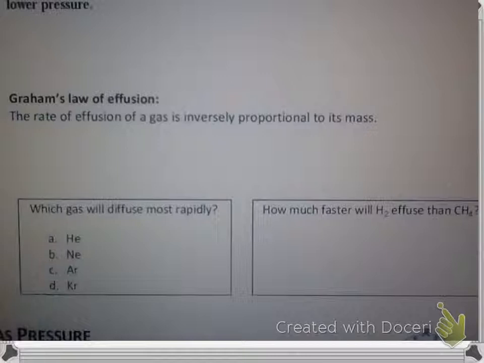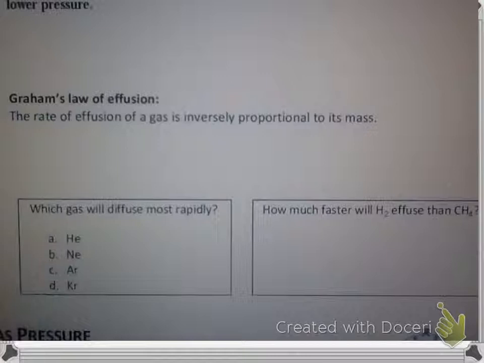Because it's a higher mass, it'll move or effuse at a slower rate out of the tire. So if I filled two tires, one with helium, which is a lightweight gas, and one with argon, which is a heavyweight gas, the helium tire would become flat faster than the argon tire.